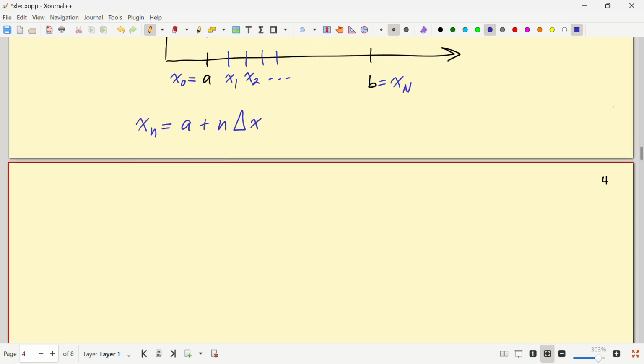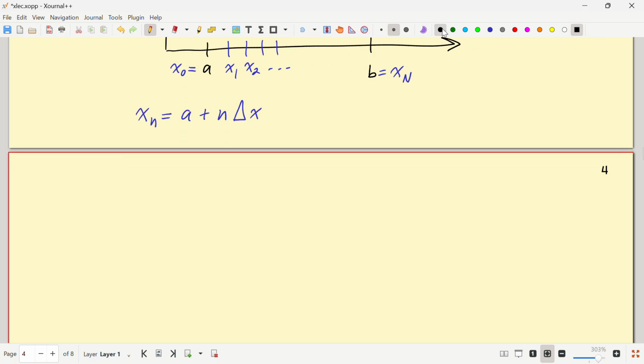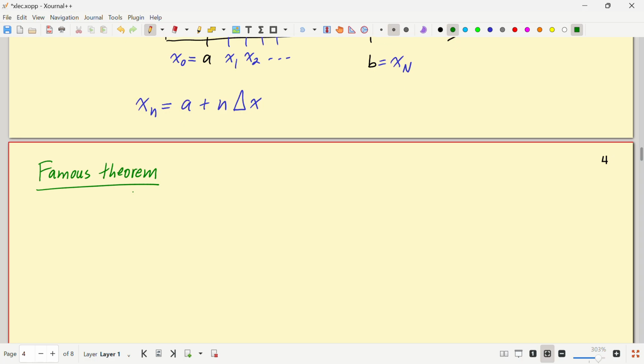There's a famous theorem that maybe I'll do later. It seems it's a theorem that belongs in this course, and it's one of those beautiful famous theorems that Weierstrass thought of. It's called the Weierstrass approximation theorem.